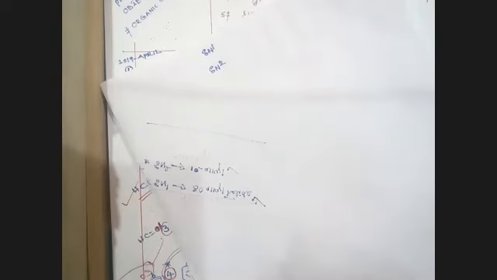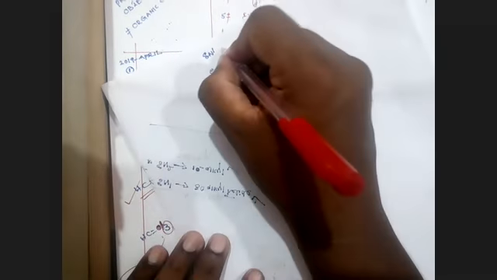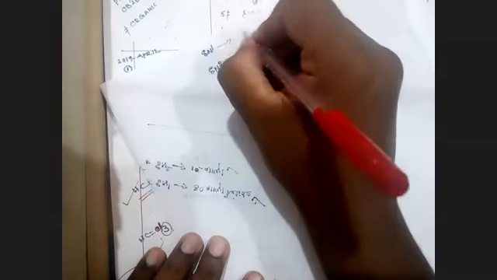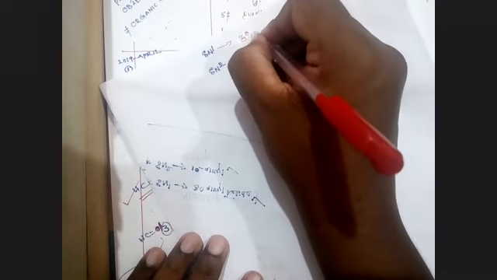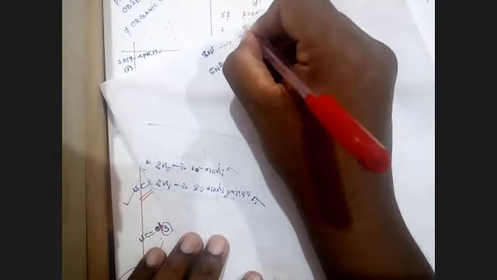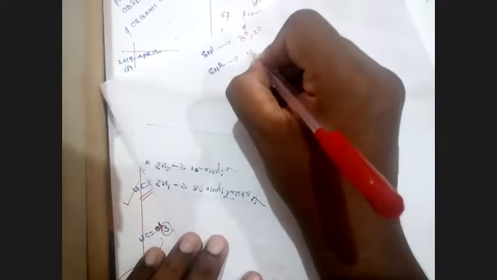Friends, now we will see the difference between an SN1 reaction and an SN2 reaction. An SN1 reaction is mostly for tertiary alkyl halides, or secondary. I can keep a star for tertiary alkyl halide. An SN2 reaction is always for primary.